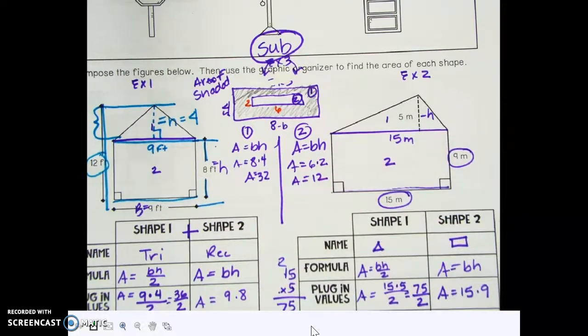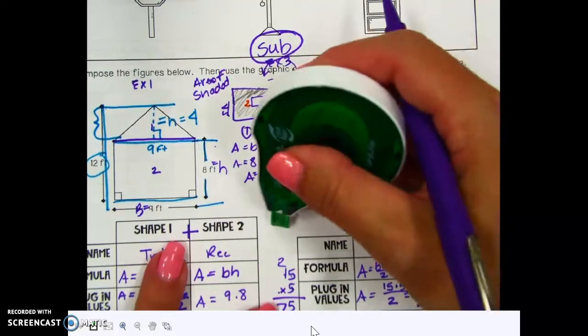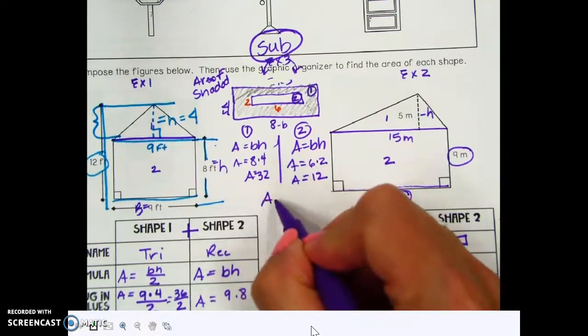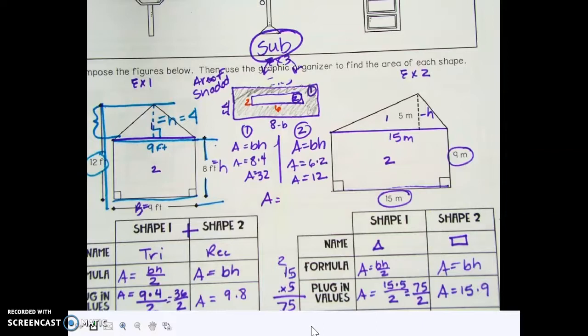What is the area of the figure, friends? Type it in the chat when you're able to. Anybody?